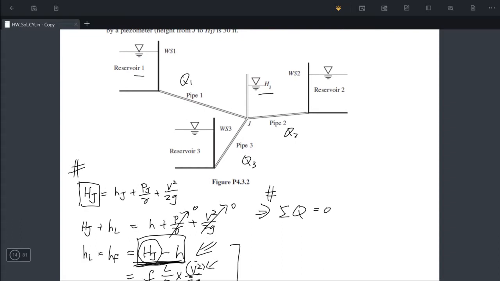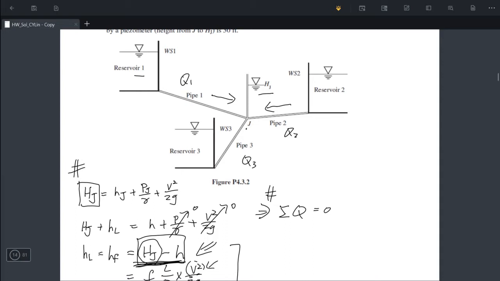And there are two situations. One situation is that the HJ is lower than the total energy for reservoir 2. That means for reservoir 1, the flow direction for the pipe is to flow to the junction, and the water in reservoir 2 also will flow to the junction.